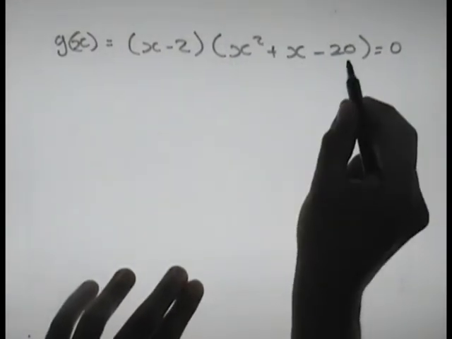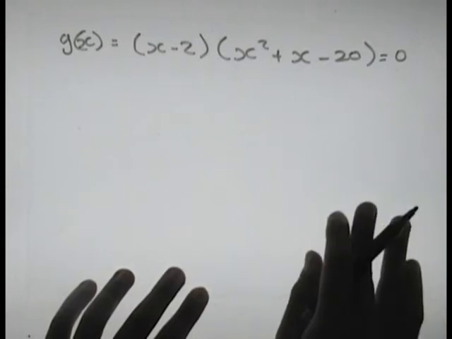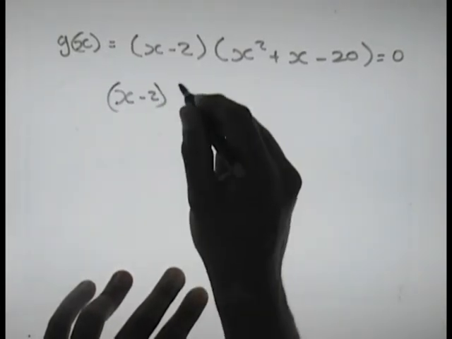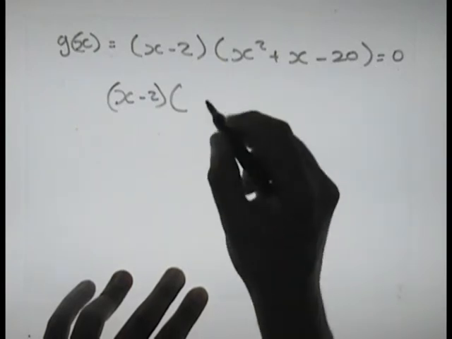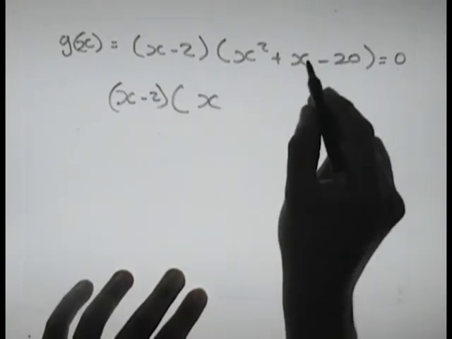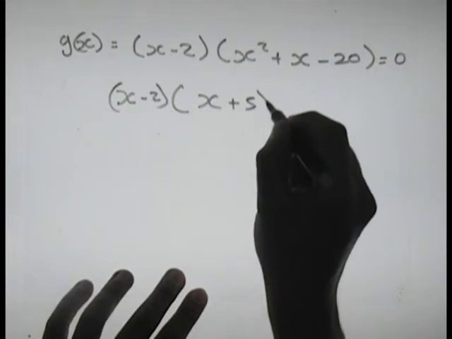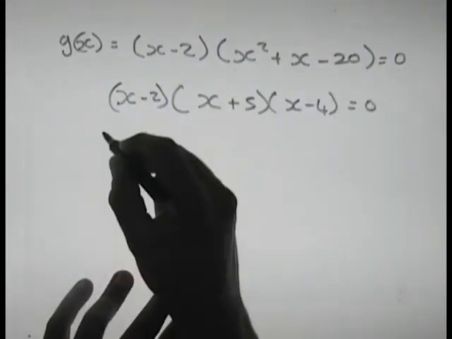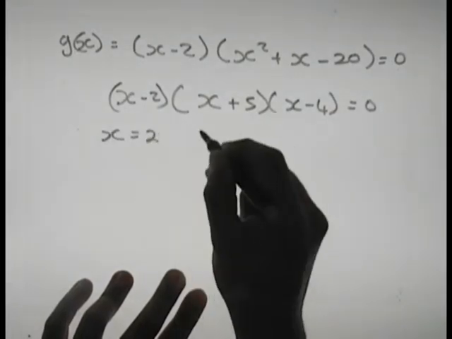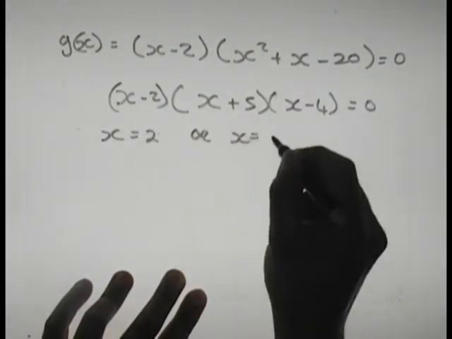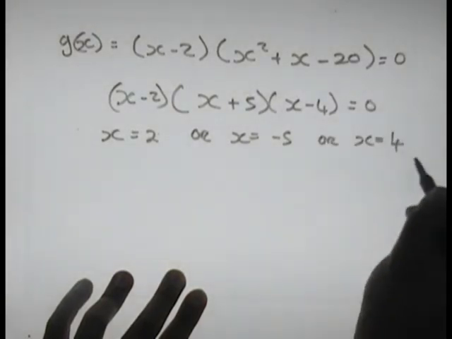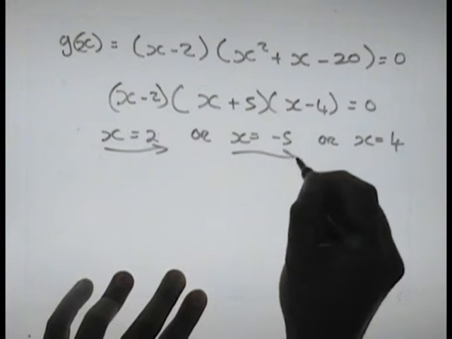I need to still factorize this into two factors. This will become x minus 2 multiplied by two factors of 20 that give us positive 1: x plus 5, x minus 4 is equal to 0. That means that x is equal to 2, or x is equal to negative 5, or x is equal to 4. And those are my three answers.